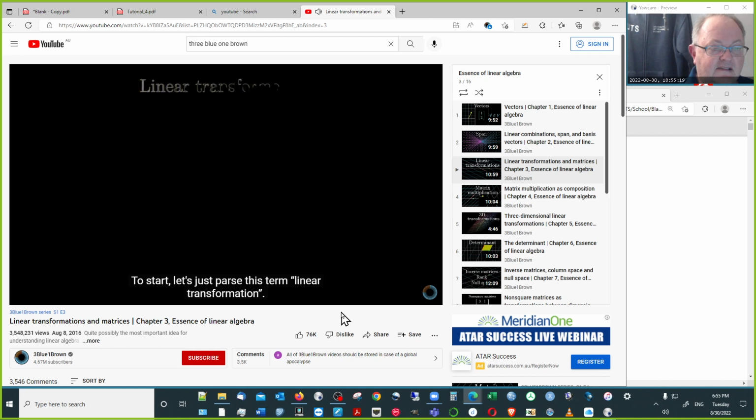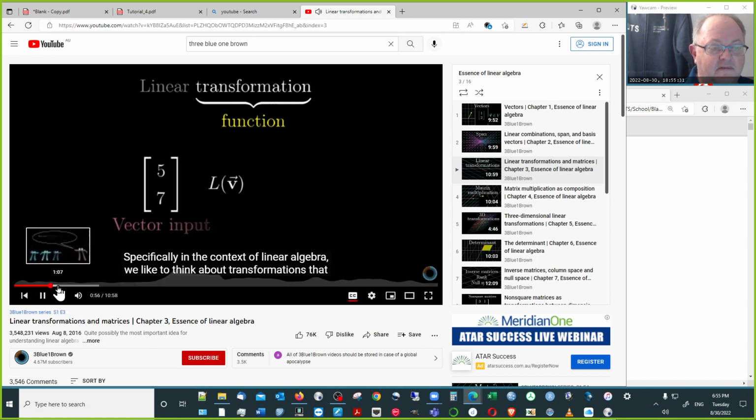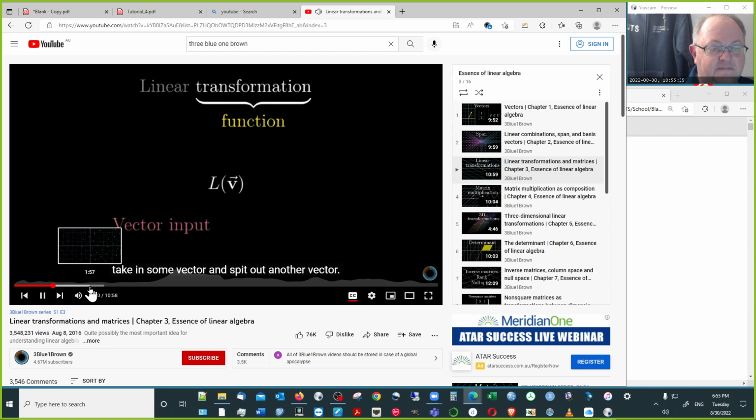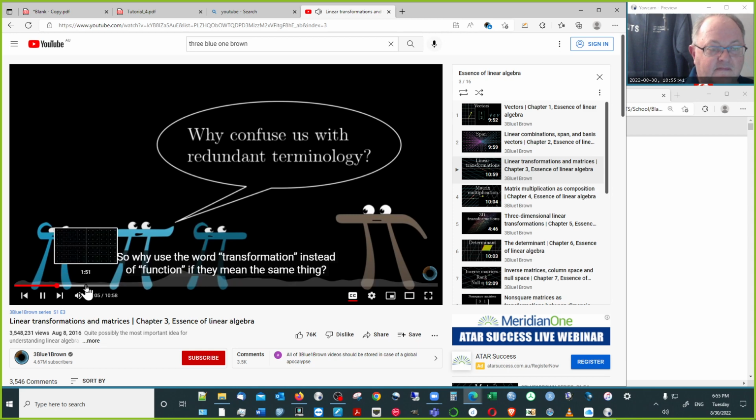To start, let's just parse this term, linear transformation. Transformation is essentially a fancy word for function. It's something that takes in inputs and spits out an output for each one. Specifically, in the context of linear algebra, we like to think about transformations that take in some vector and spit out another vector. So why use the word transformation instead of function if they mean the same thing?